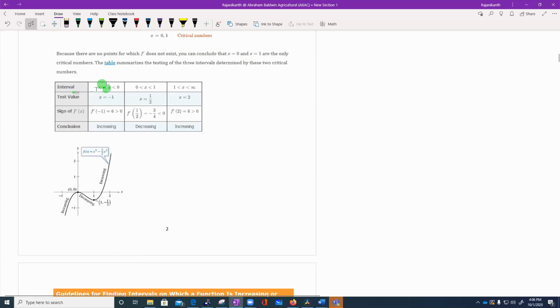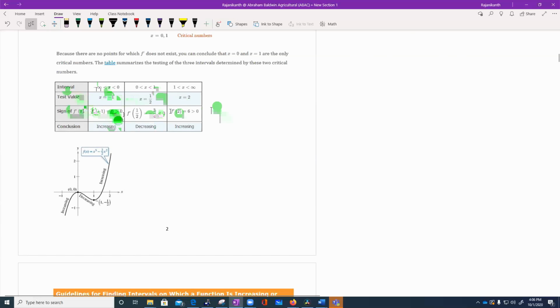So first take the interval, divide it into subintervals, and take some test value in each interval, right? Then plug those test values into the first derivative and check the sign. If you get positive, then the function is increasing. If you get negative, then the function is decreasing.